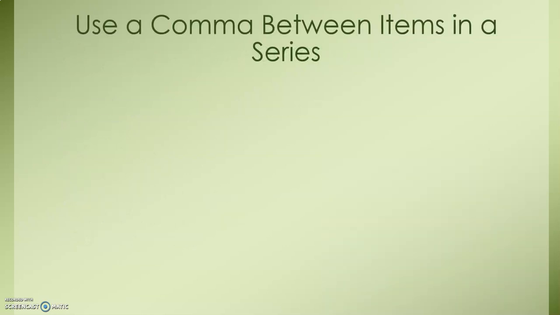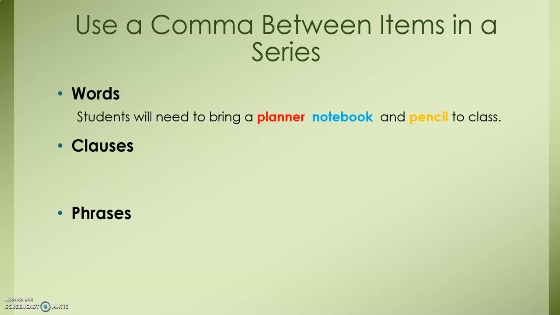So when we use commas between items in a series, we use them when we're listing 3 or more words, clauses, or phrases. So for instance, let's look at this first example sentence. Listen to where I naturally pause when I read this sentence. Students will need to bring a planner, notebook, and pencil to class.